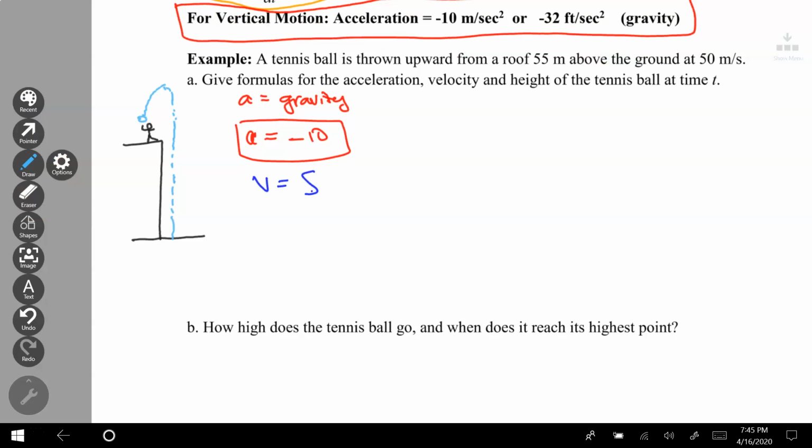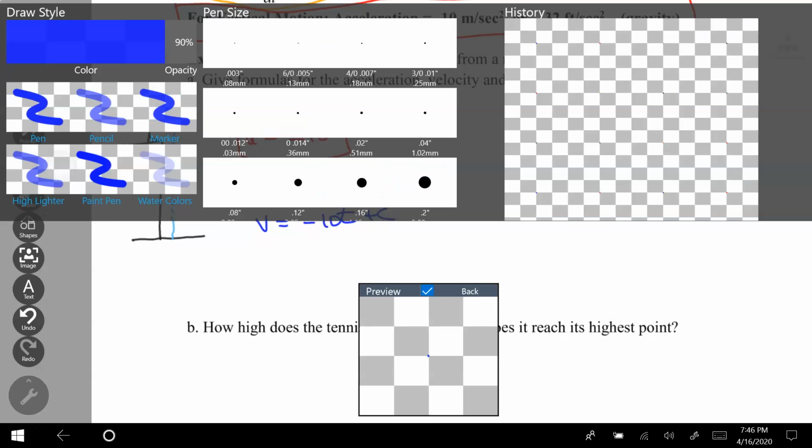Velocity is going to be the antiderivative of acceleration. So that is just the antiderivative of negative 10 dt, because I'm working with time t as my variable. So my velocity is negative 10t plus c. Let's see, do I have an initial condition? Yes, I do.